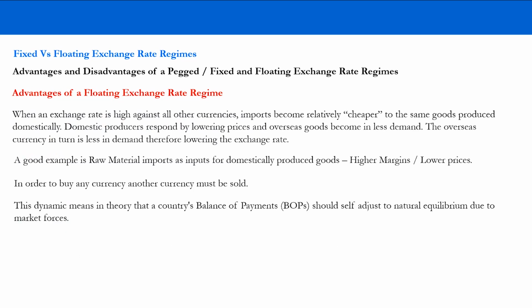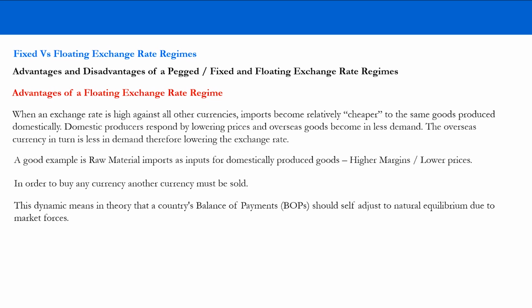Now, a good example with importers is raw material imports, as inputs for domestically produced goods. So what happens when, for example, a manufacturer that requires an input from abroad experiences an increase in the exchange rate?